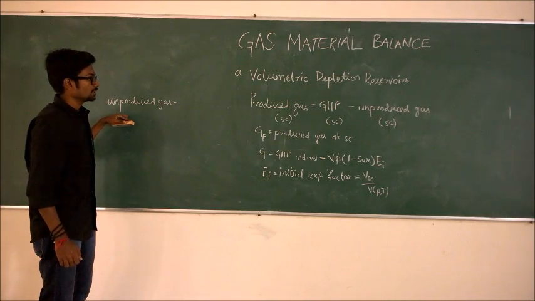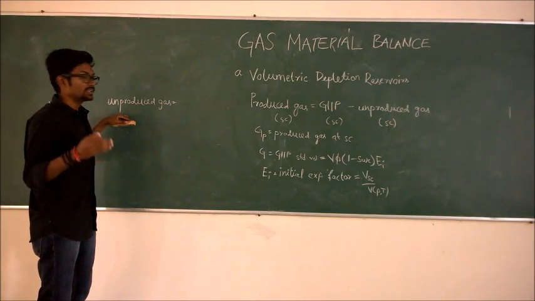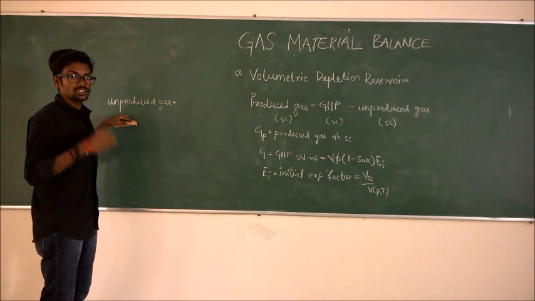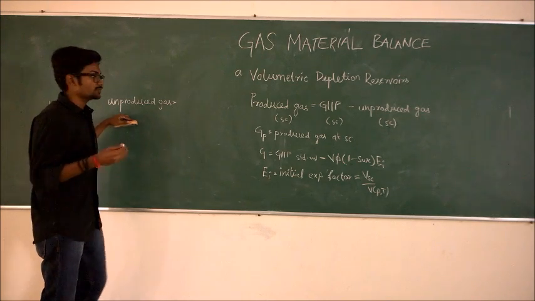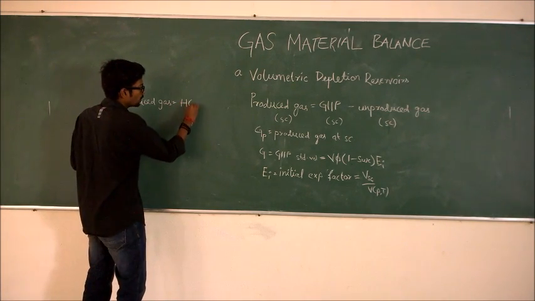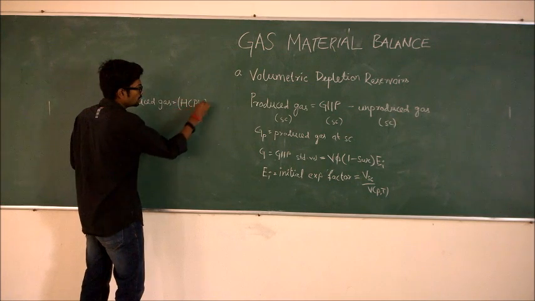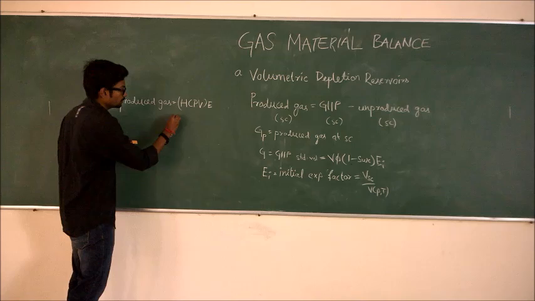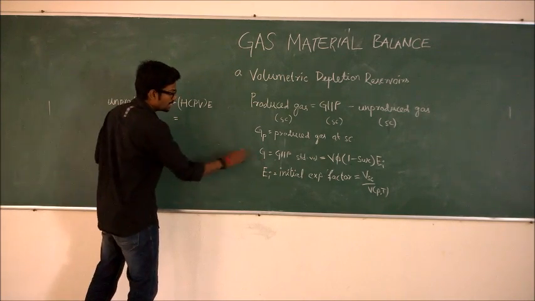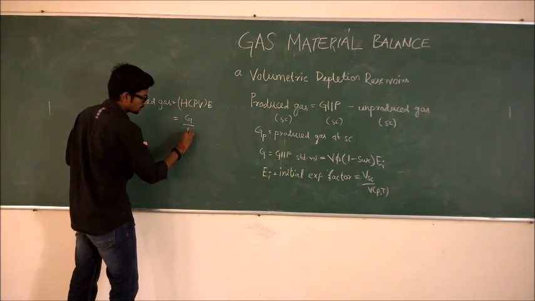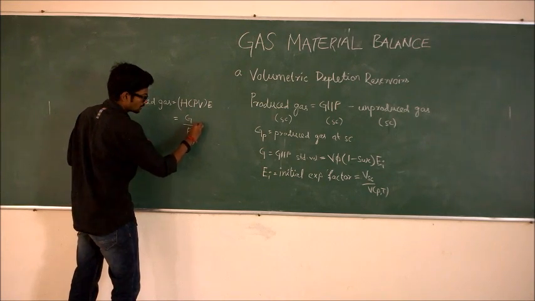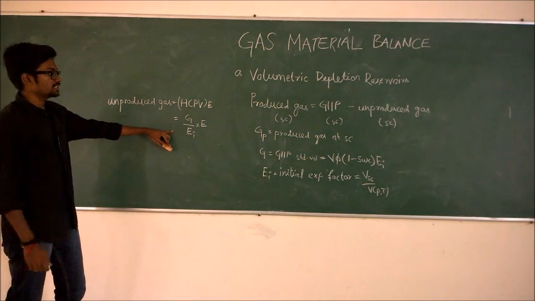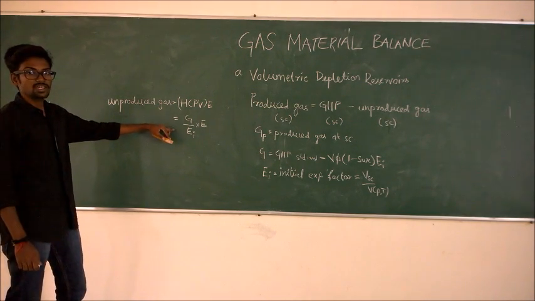So if we consider the volume of the gas in the reservoir as hydrocarbon pore volume at that condition, now this volume when produced at the surface will be equal to hydrocarbon pore volume into the expansion factor at that pressure and temperature. So hydrocarbon pore volume, as we know, is G by EI. The unproduced gas at the reduced pressure and temperature in the reservoir, at standard conditions, will be G by EI into E.